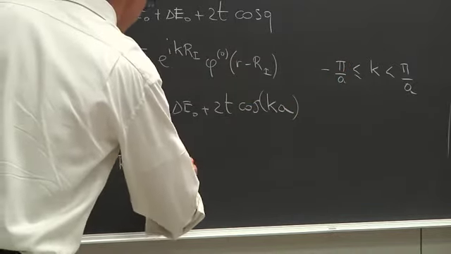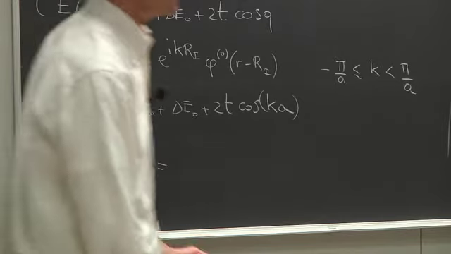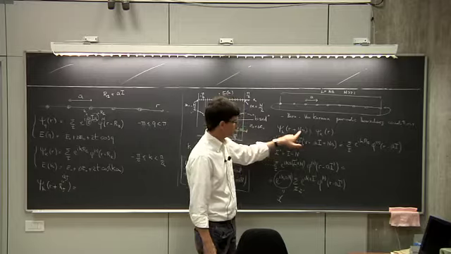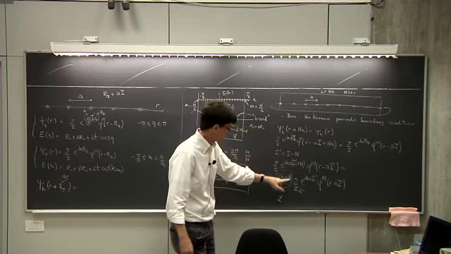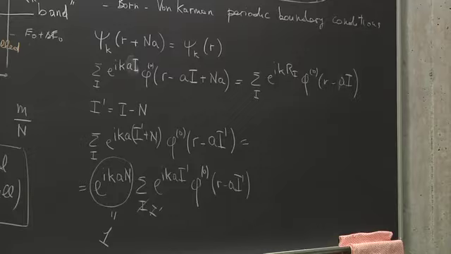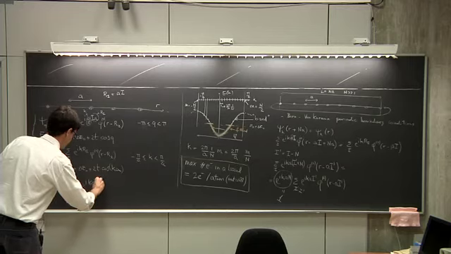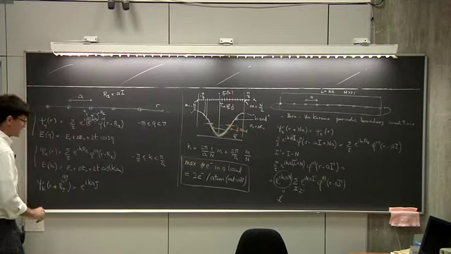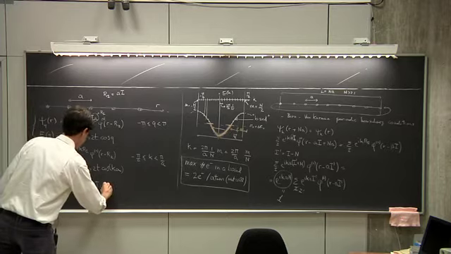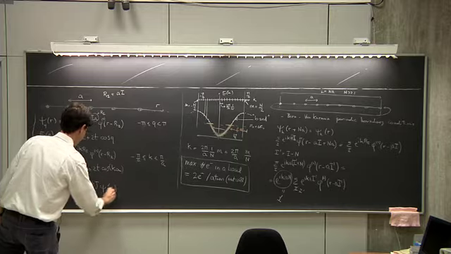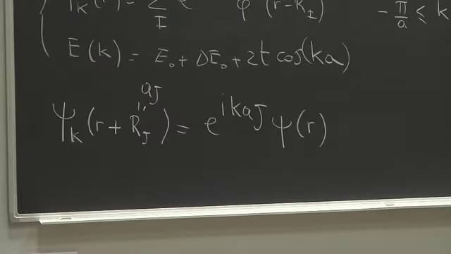What's happening if I do that? I can just replace j with n. Here I go. So what I get is e to the i k a j times the same wave function, psi of r.